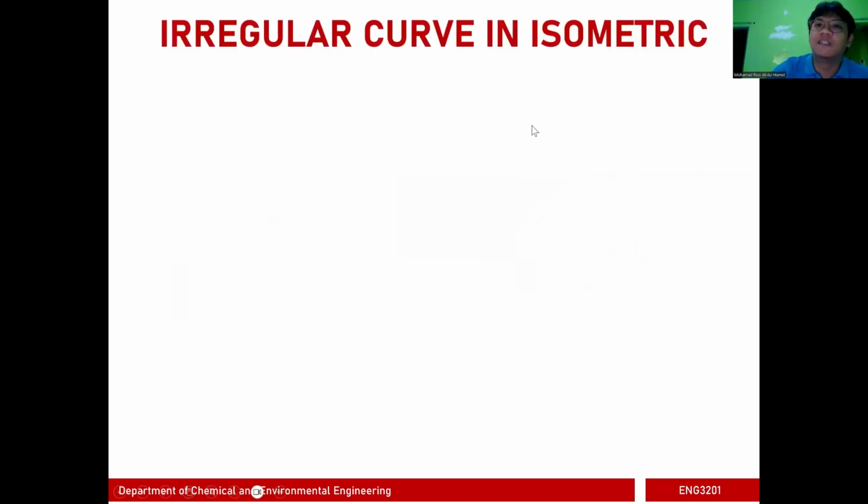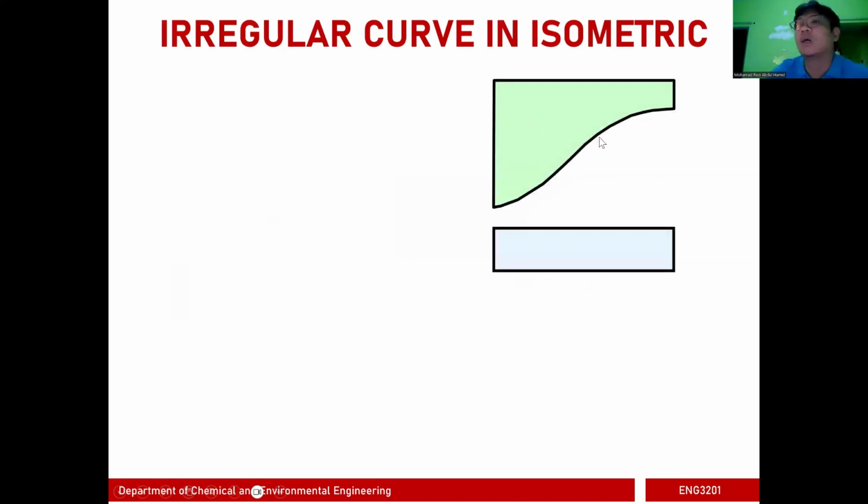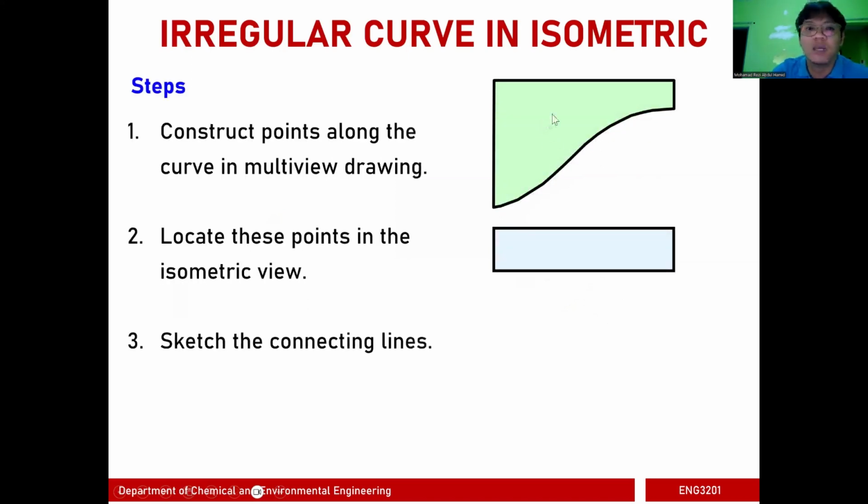Now, an irregular curve in isometric drawing like this is definitely really difficult to create. So how are you going to do this? What you do is you simply draw a few mini points and connect them. The more points you have, the better.